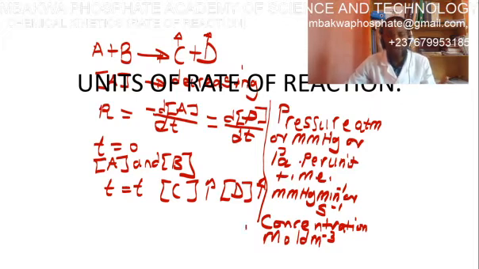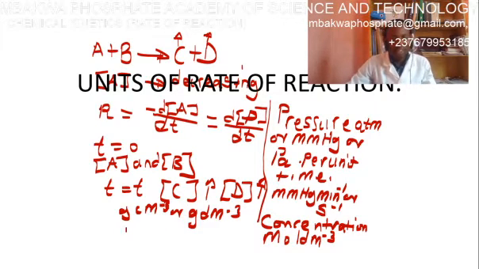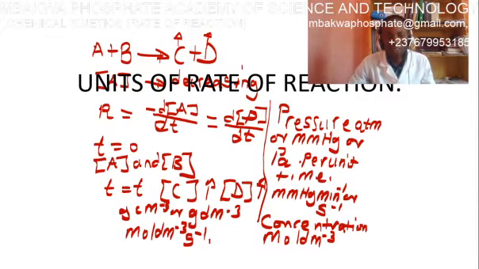That's what I call molar concentration. Or there are other units of concentration, like gram per cm cube, or gram per dm cube. So when we are measuring the concentration that is changing, we can have mole per dm cube per second.